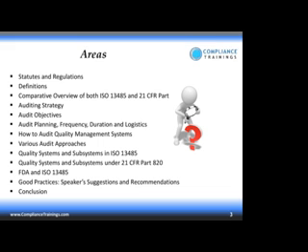Today we are going to cover various areas, starting with statutes and regulations, some key definitions, including a comparative overview of ISO 13485 and 21 CFR 820, and some auditing strategy, objectives, and planning, audit logistics, quality management system auditing, audit approaches, and quality management system and subsystems according to ISO 13485 and quality system regulations.